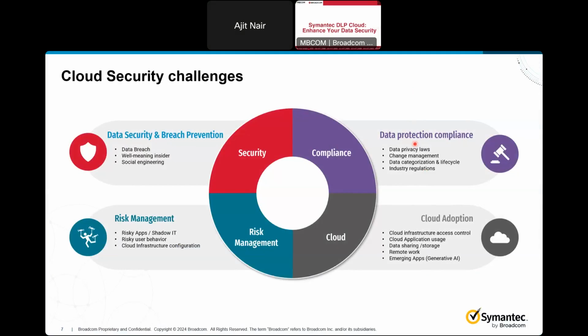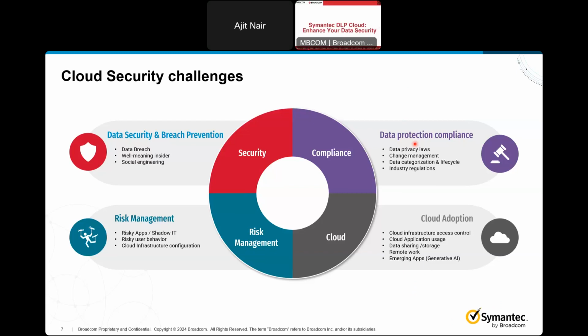The challenges are that it involves identifying sensitive data, where that data resides, whether it is at rest or in motion, and establishing clear guidelines on where and with whom that data can be shared.